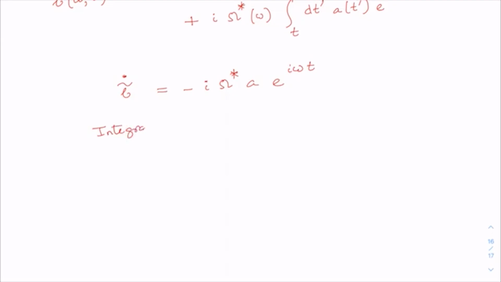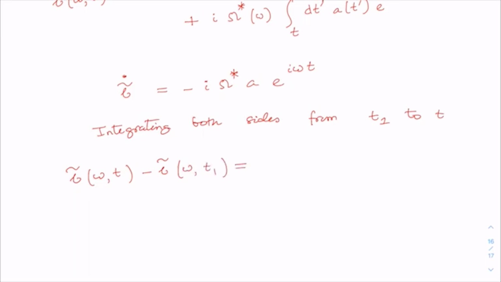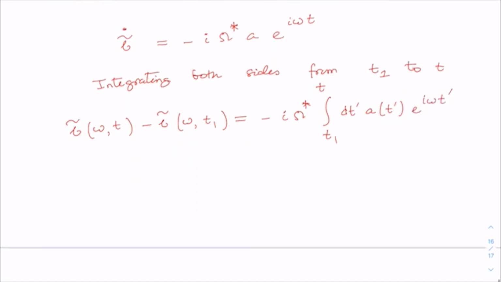Integrating both sides from this final time t1 to some time t, we can immediately write b tilde of omega t minus b tilde of omega t1 is equal to minus i omega star integration t1 to t dt' a of t' e to the power i omega t'.